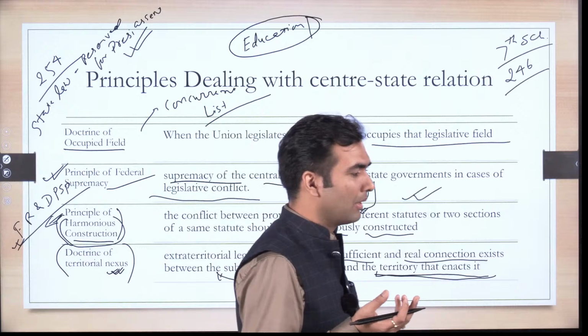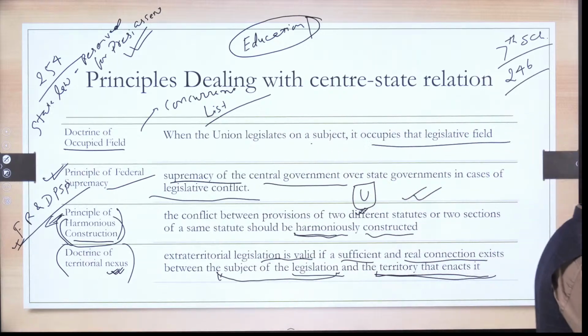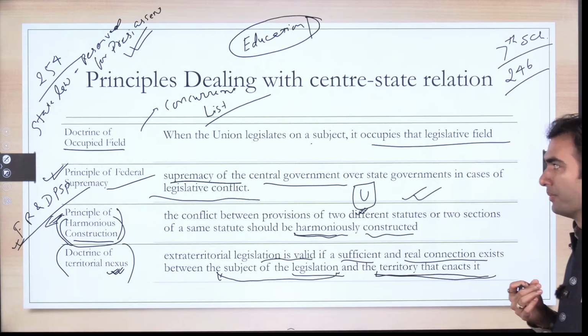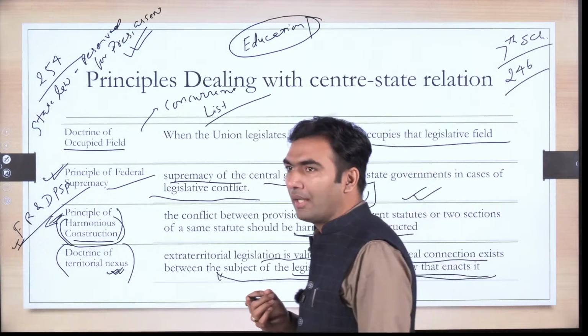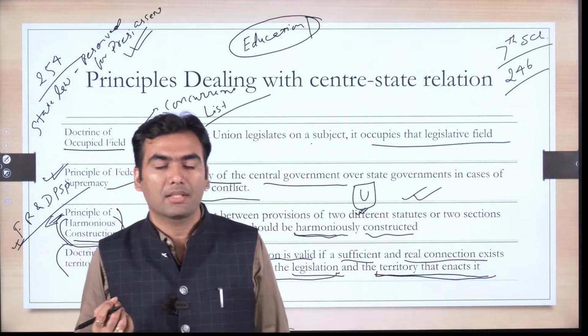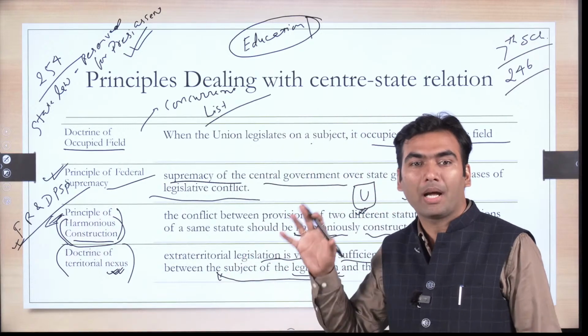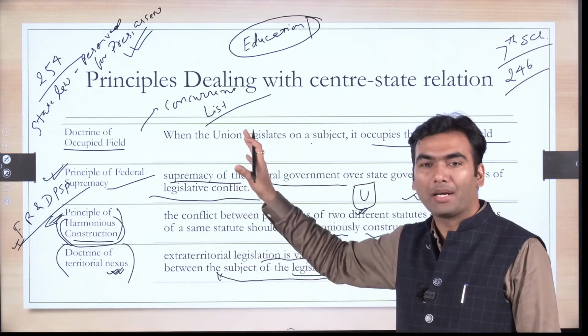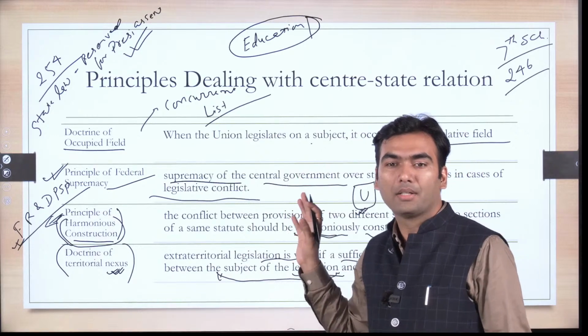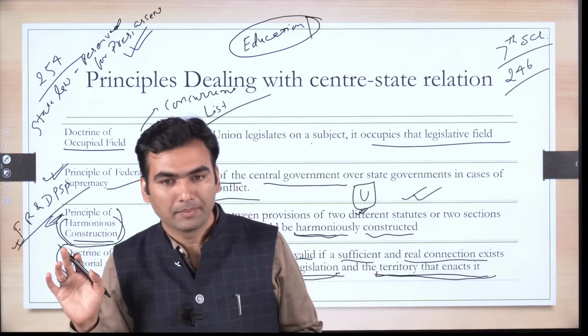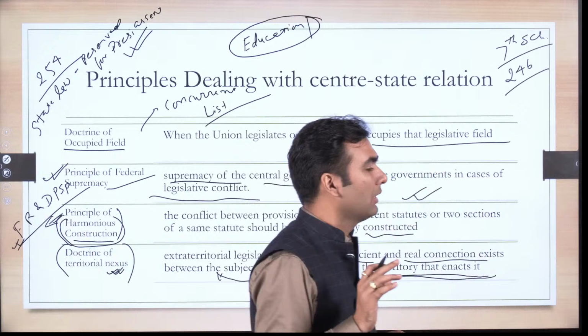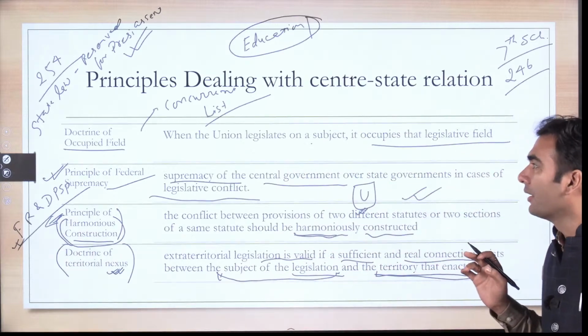If you know a real example, that is always better. If you don't know a real example, you can have a theoretical one as well. And one more thing, when you study current affairs, when anything comes in the news, you must keep an eye out that yes, this doctrine has been applied, and so on. Okay, now let's move to the next doctrine.